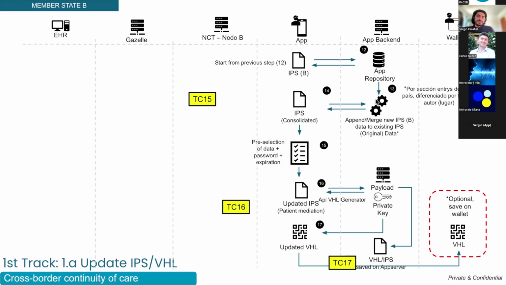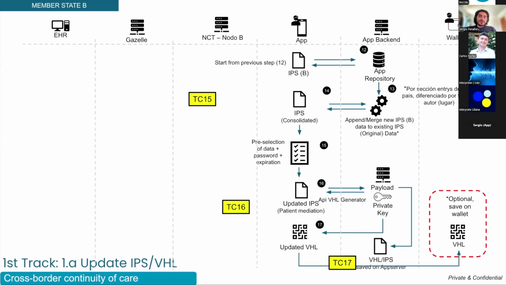The combination, basically: the application receives the two IPSs, two separate documents, and it carries out a procedure, and it checks resource by resource.